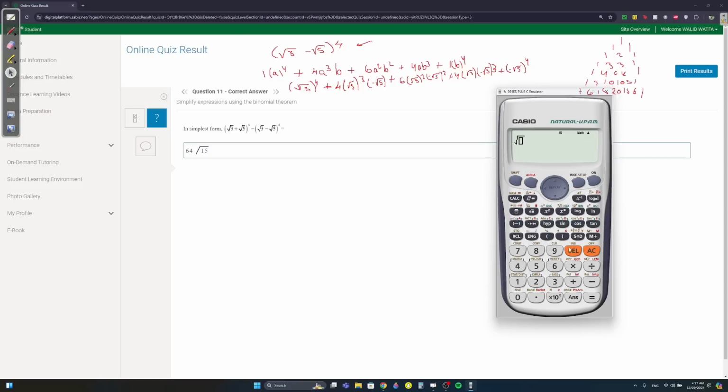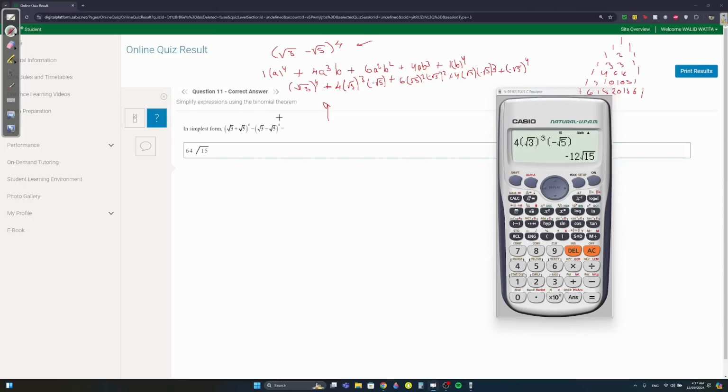We'll put radical 3 to the power of 4, 9. Okay, 4 radical 3, and it's cubed, right? Let me close the brackets. And then minus radical 5.